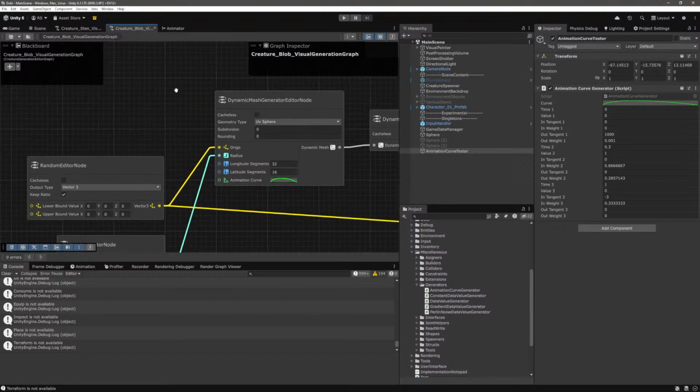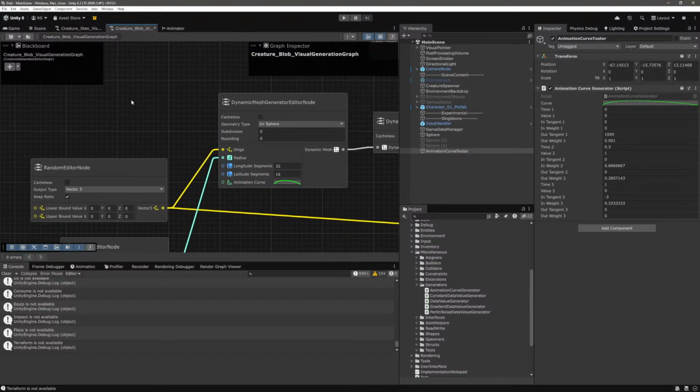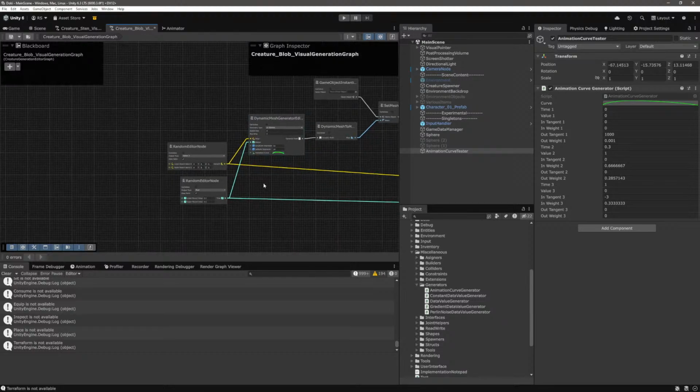Maybe we can have an animation curve generator node. That one always has a start node and an end node, and then we can decide how many intermediate nodes we want, right? Does that make sense? Yeah, I think that's what we're going to go with.